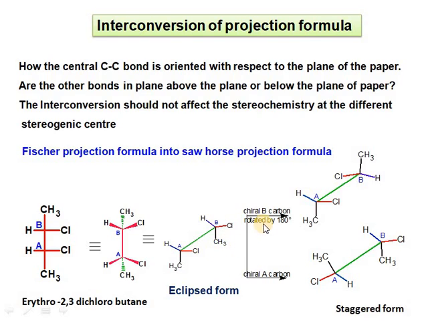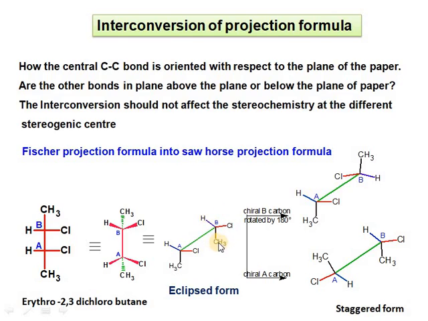Now, by rotating 180 degrees on chiral carbon B, this carbon we can rotate by 180 degrees. Then what happens? This methyl group is above the plane, so this is anti-clockwise rotation.